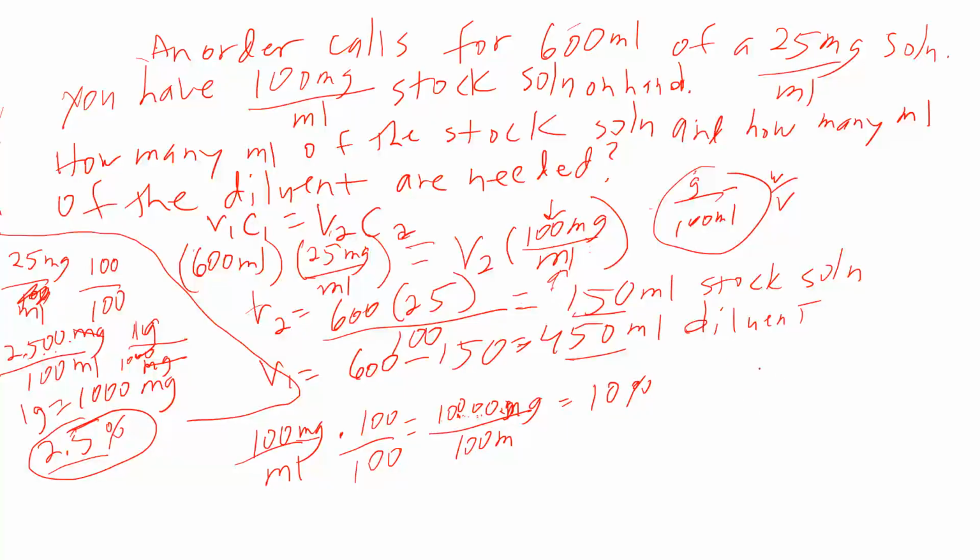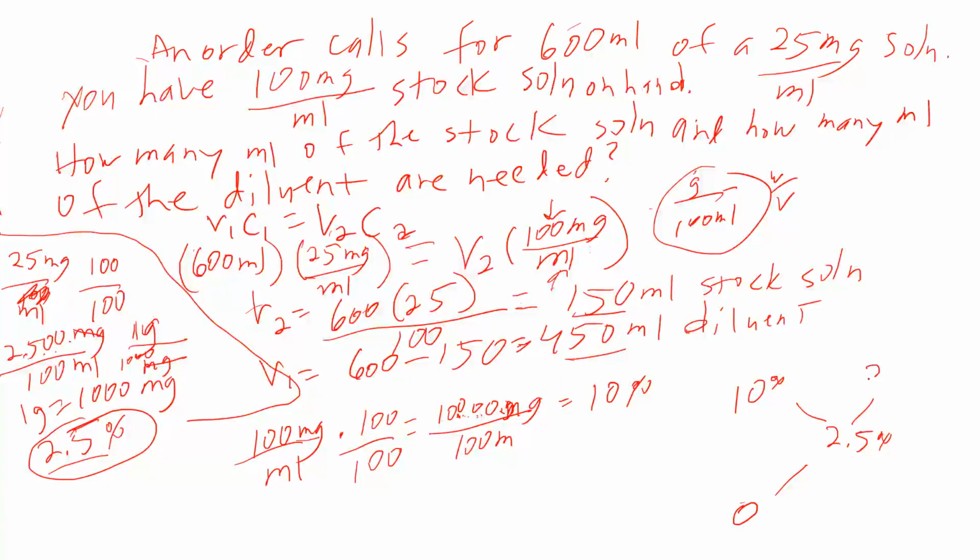Now we know that part of it is the diluent, by the way, the water. So that's 0. And then the top part is 100 milligrams per mil, which is 10%. The final concentration is 25 milligrams per mil, which is 2.5%.